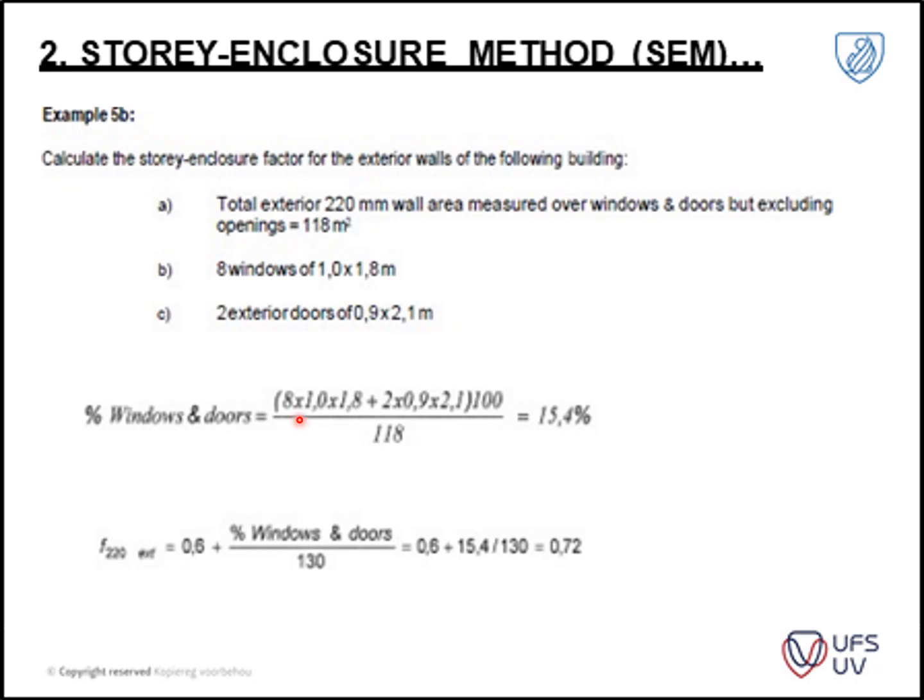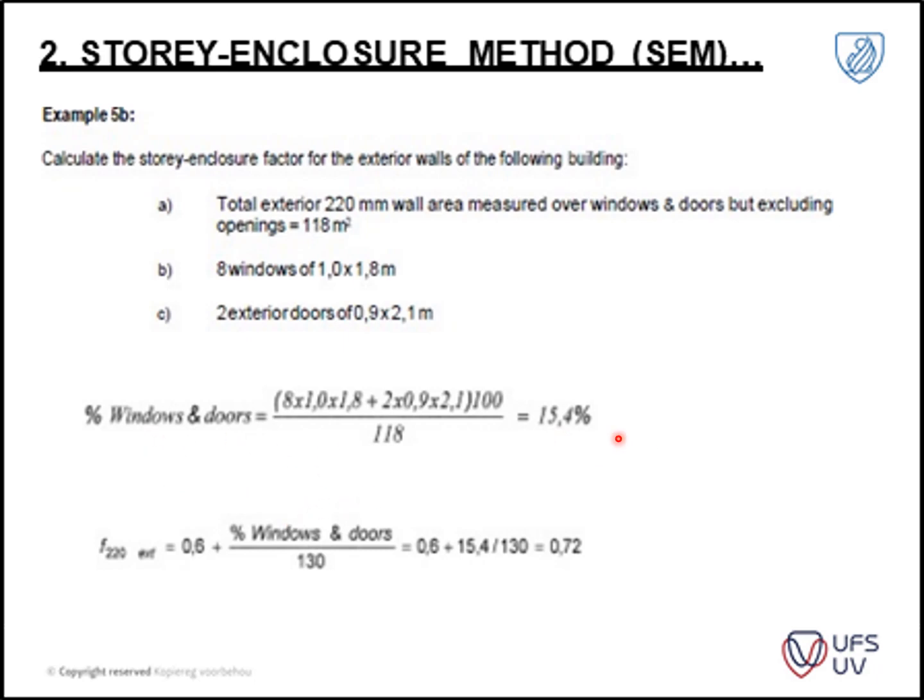So you calculate the percentage windows and doors over the amount of exterior wall. So you add up basically your windows and your doors, and you divide it by 100 to get a percentage, which you divide by your total wall area to get a percentage of your windows and doors on the total enclosure.